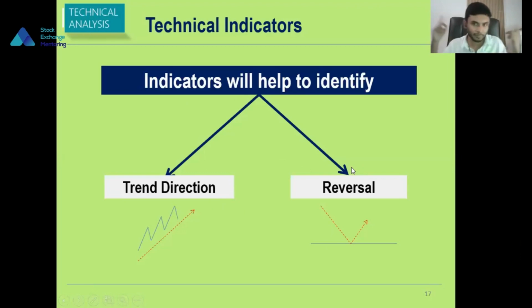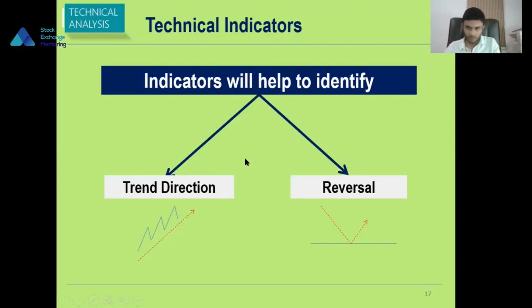If you recall the initial slides, those price patterns, the price going down and then starting to go up, and at the peak level hitting the resistance and turning back. To identify these trend directions and reversal points, indicators will help based on their functions.